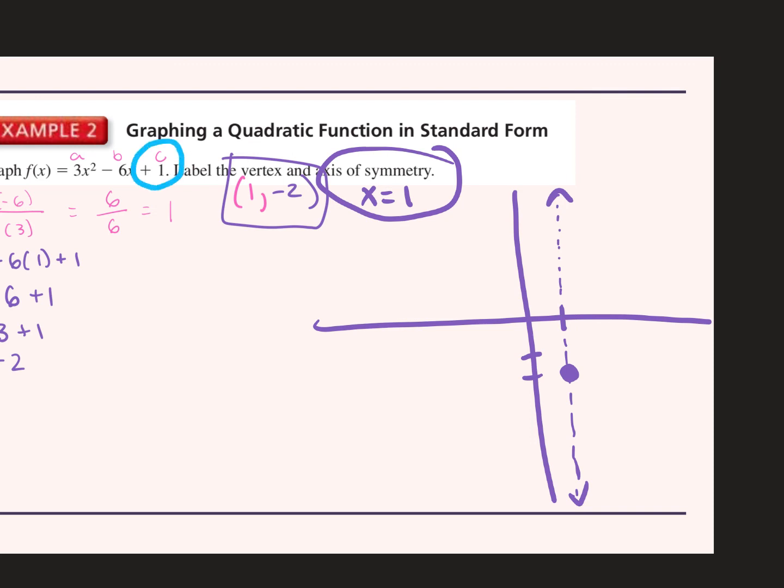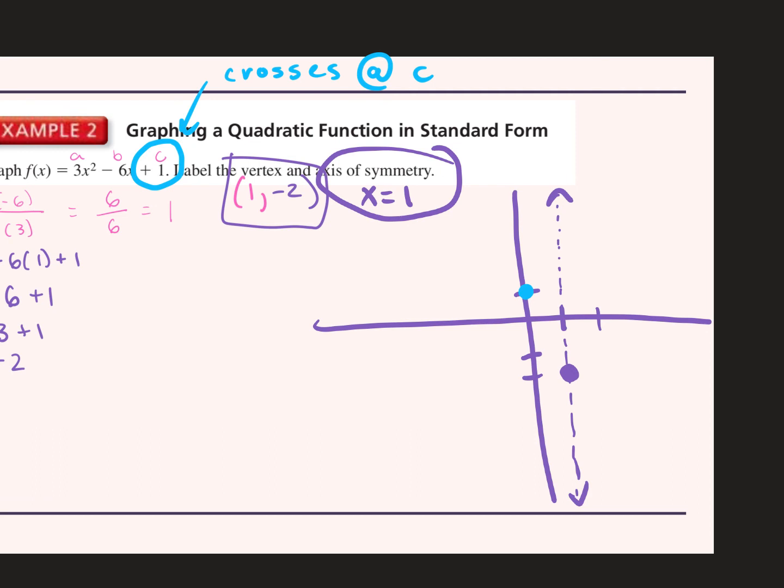We can use our y-intercept as a point. So my graph crosses the y-axis at 1. Remember, it crosses at C. So my C is 1 here. So at the y, my graph is going to cross at C. So I can put a point at 1.